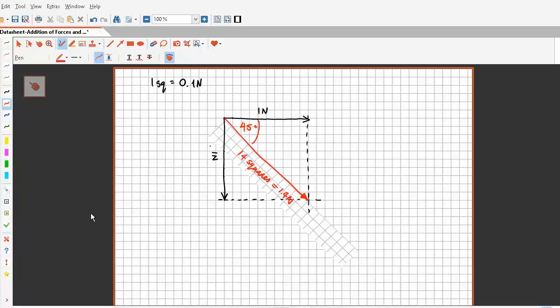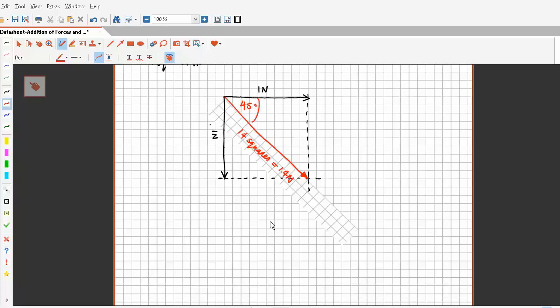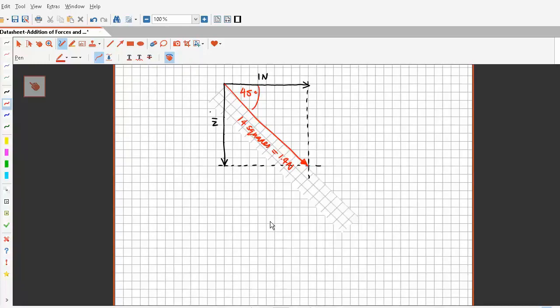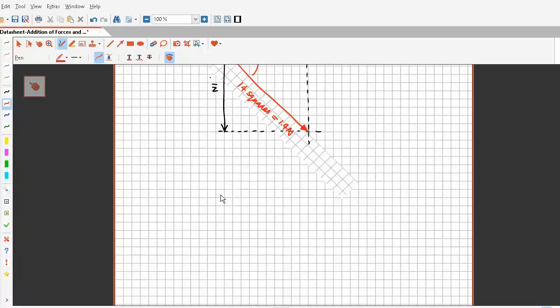The force in the angled string should be equal and opposite to the resultant of these two forces in order to balance them out. So we can compare this value with the value that we obtained on the spring scale when it was attached to the angled string.